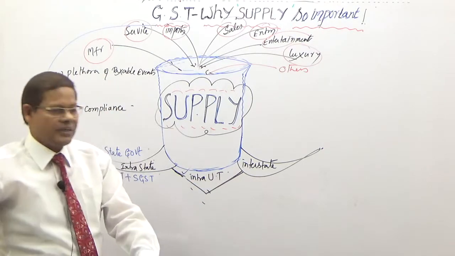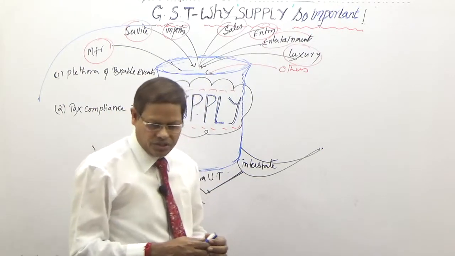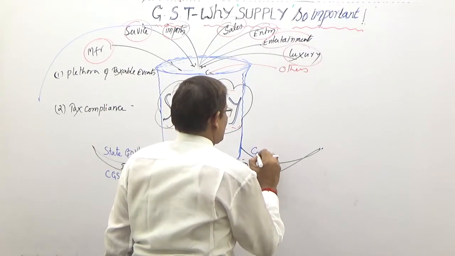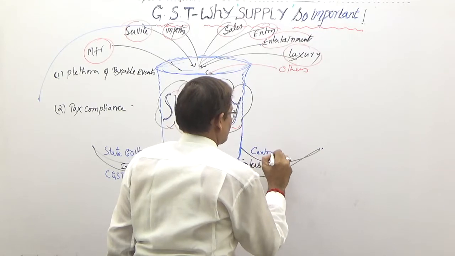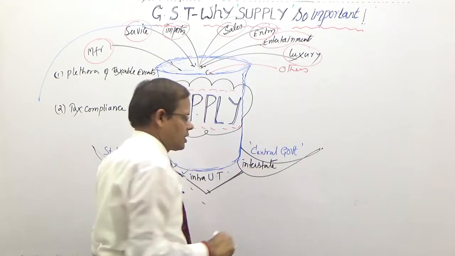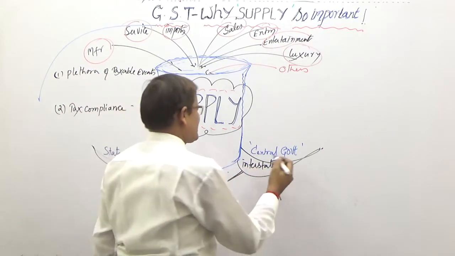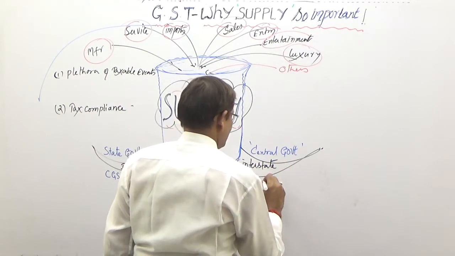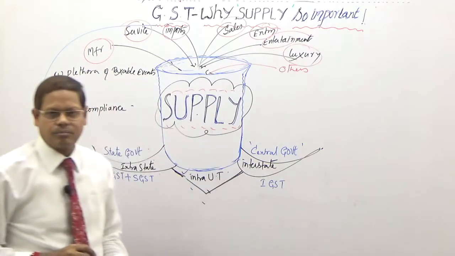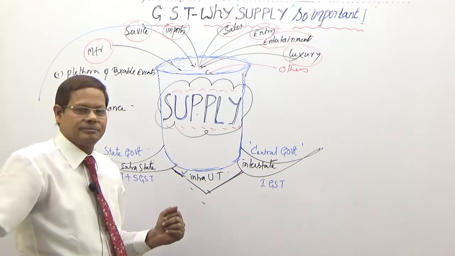And similarly, if it is interstate, again, now it is the central government. Now you are under the close monitoring of the central government. So the tax is different, integrated GST. You have to pay integrated GST here.